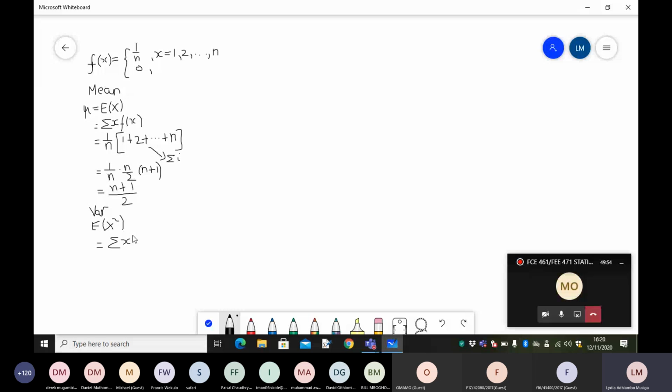If we substitute, f of x is a constant, which is 1 over n, and the summation of x squared implies that we shall be summing 1 squared plus 2 squared plus 3 squared all the way up to n squared.